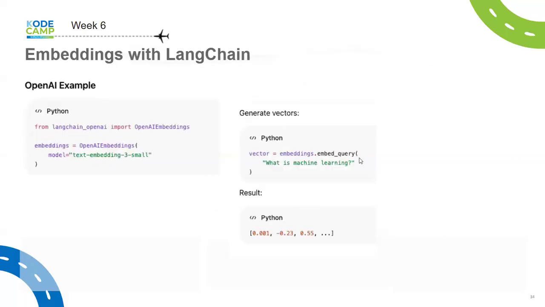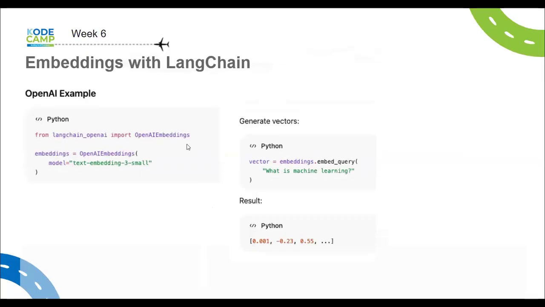Right. Then after that, you do embeddings. With embeddings, you have this kind of embedding abstraction. If you want to use OpenAI embeddings, for example, you can get OpenAI embeddings from LangChain OpenAI, or you can have Hugging Face embeddings from LangChain Hugging Face.